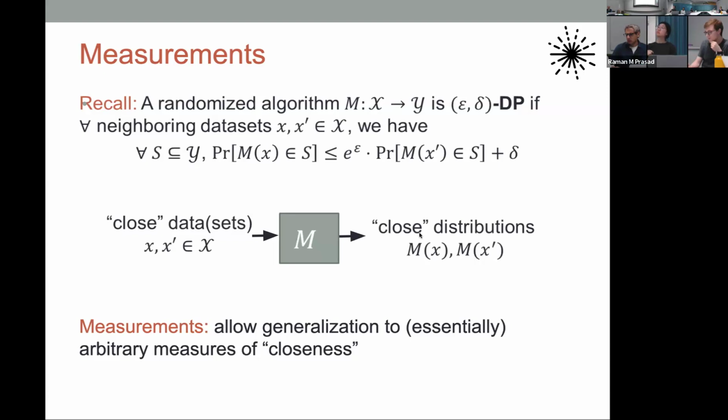And that may result in close distributions because of this inequality. So a measurement is valid if it satisfies this privacy definition. And they allow generalization to other arbitrary measures of closeness, closeness in terms of the inputs or closeness in terms of the outputs.